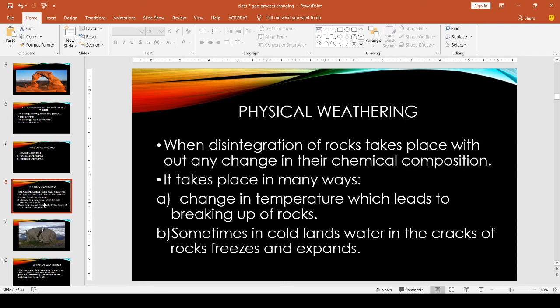Disintegration, breaking of rocks takes place without any change in the chemical composition, and it takes place in many ways. First one is change in temperature, which leads to breaking up of rocks. Next, sometimes in cold lands, water in the cracks of the rock freezes and expands. That will cause breaking of rocks. That action, where water in the rocks freezes and expands, is known as frost action. It is also called frost action.